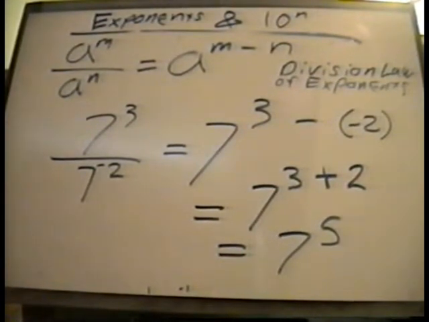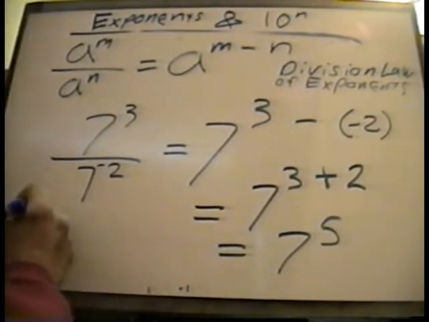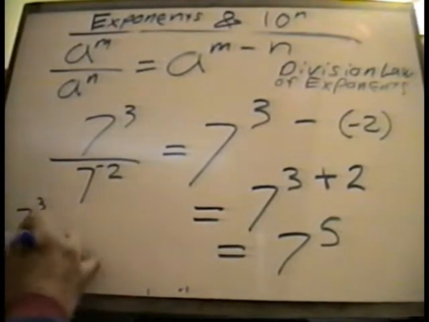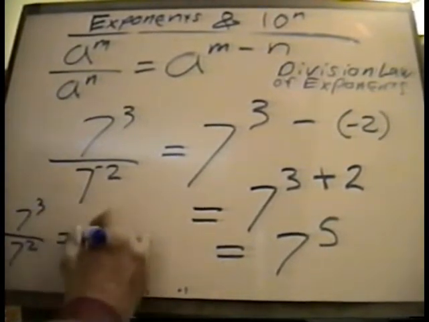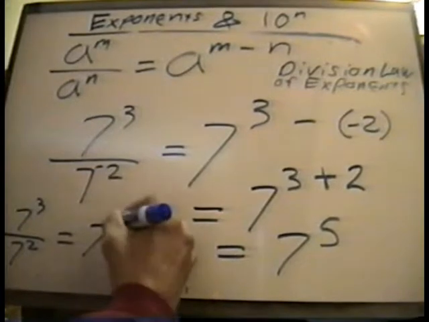We have 7 cubed over 7 squared, which gives you 7 to the 5th power. Or 7 to the power of negative 2.